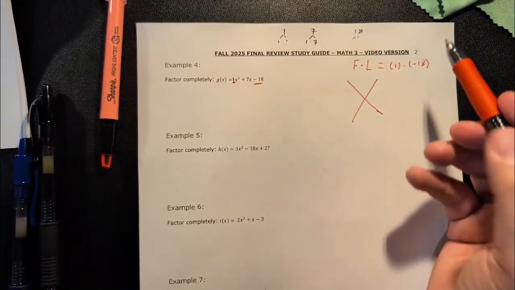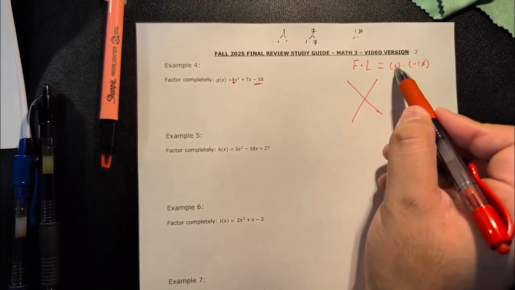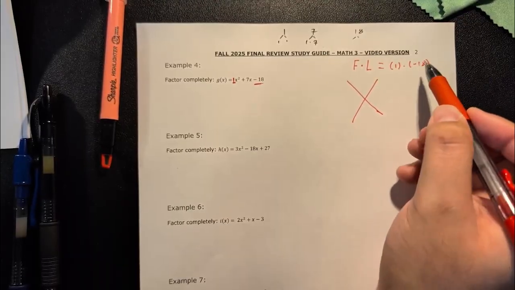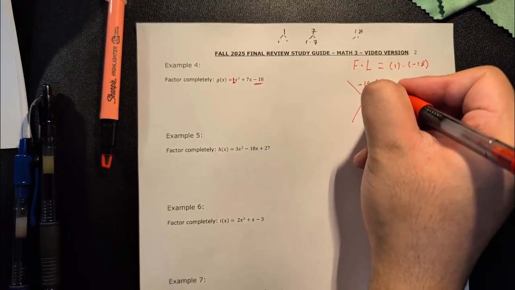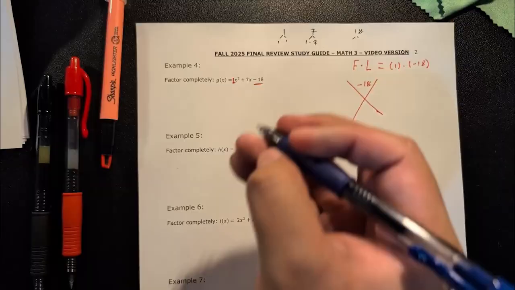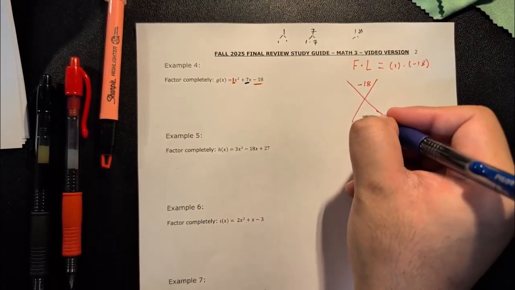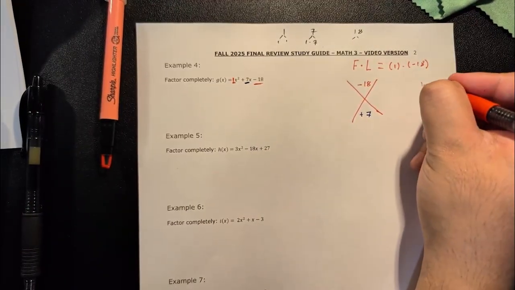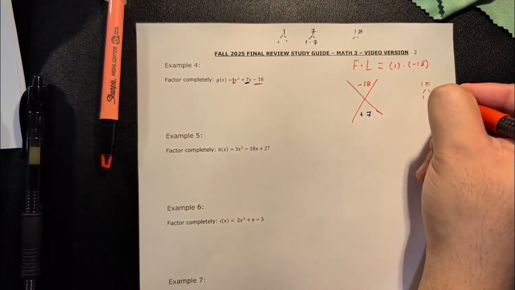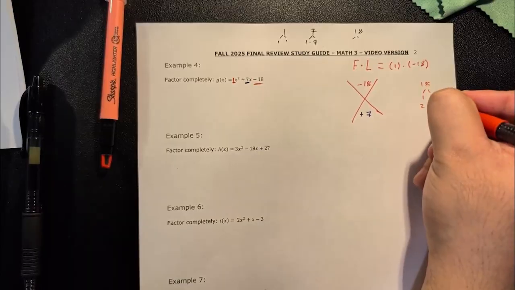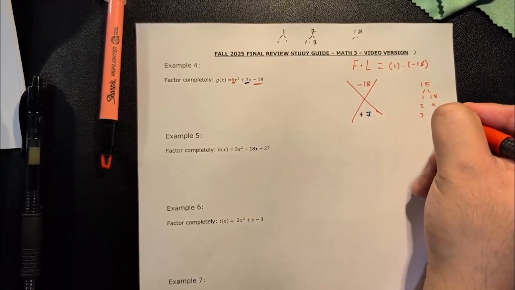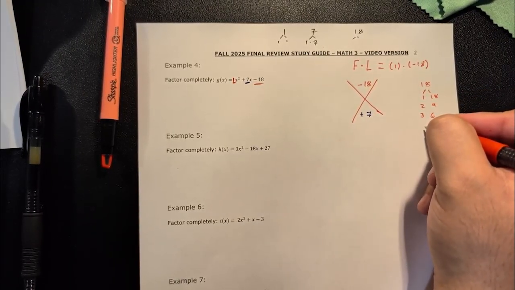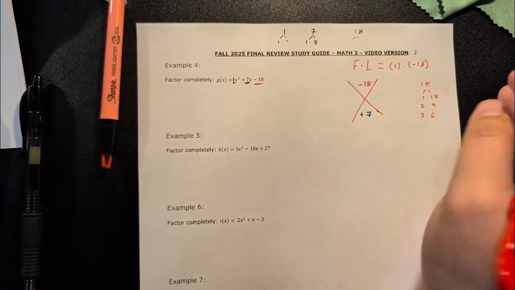Going back to this diamond method, first times last, so 1 times negative 18 gives us negative 18. And then we want something to add up to positive 7. Looking at 18, we have 1 and 18, 2 and 9, 3 and 6, 4 doesn't go, 5 doesn't, and then 6, we're back up here.